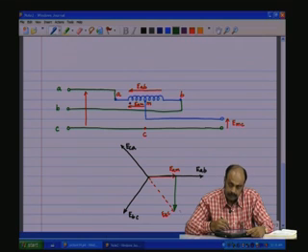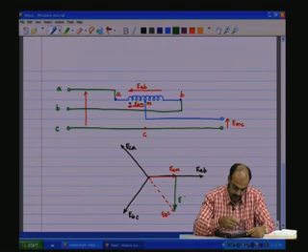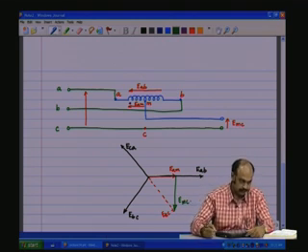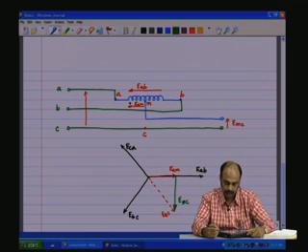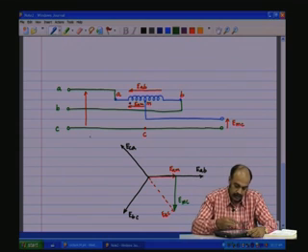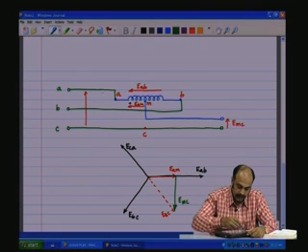So EAC minus EAM will be EMC. EAM plus EMC is going to be EAC, as you look at the diagram. Basically, the Kirchhoff's voltage law in this loop.